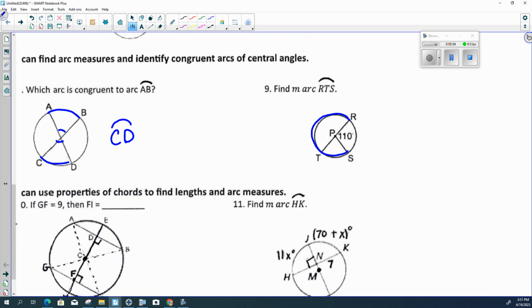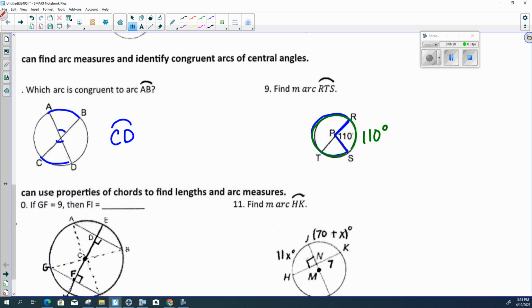It says a central angle is an angle that has the vertex in the center of the circle. So this here is a central angle. Looks like Pac-Man now. And it says that the central angle is congruent to the arc measure. So this is also considered 110 degrees. They reflect one another. So how do I find this big, huge arc?